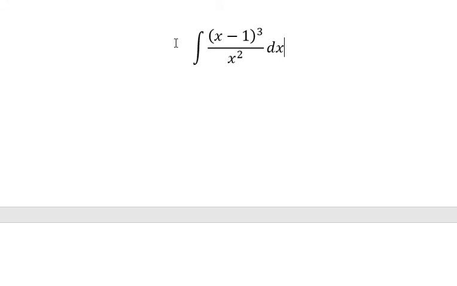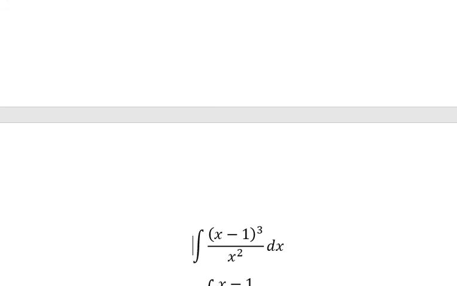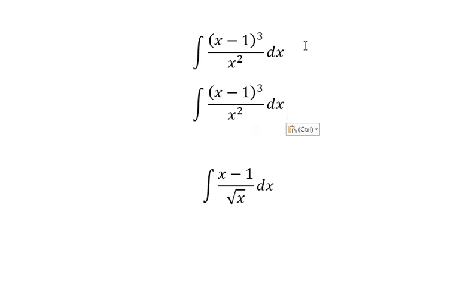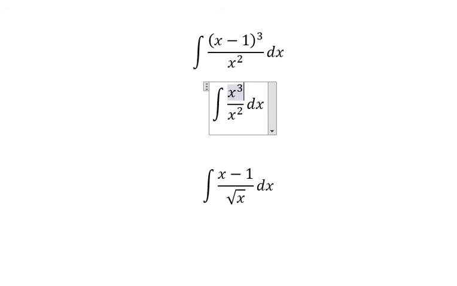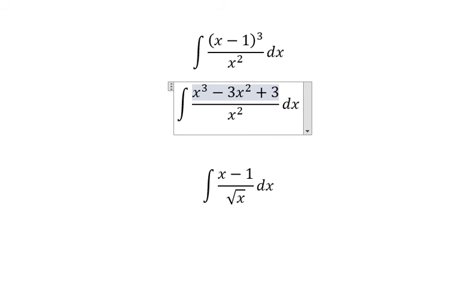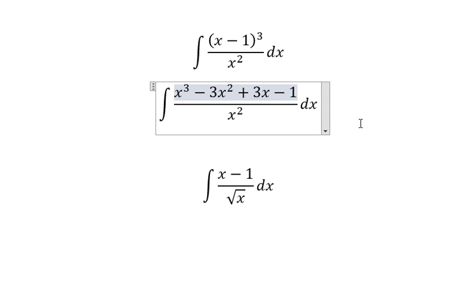The next one, we need to expand this one, and we got x to the power of 3 minus 3x squared plus 3x and minus number 1.